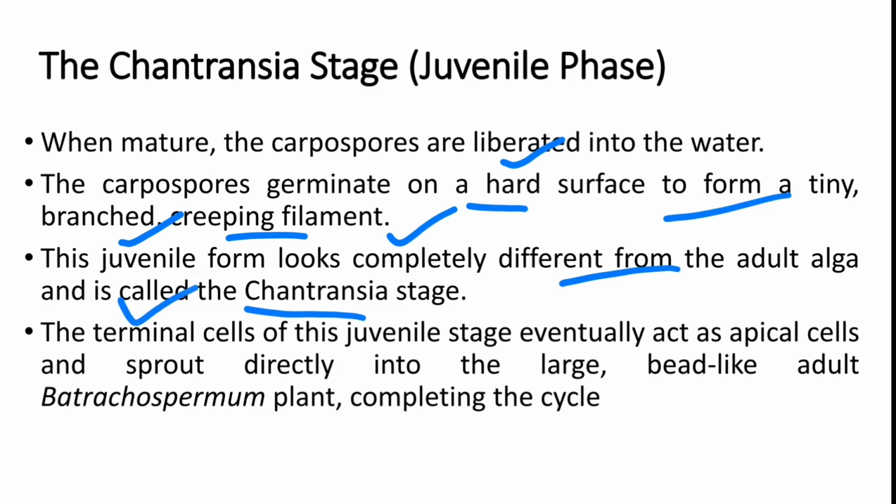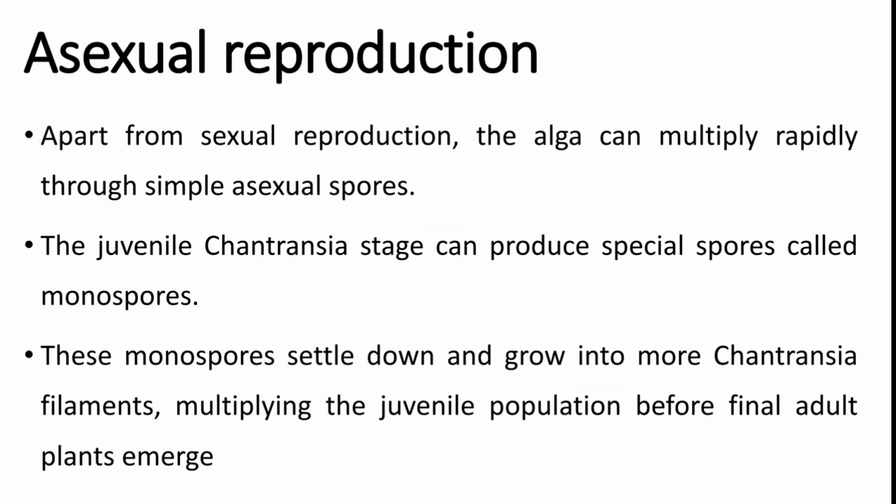The terminal cells of the juvenile stage eventually act as apical cells and sprout directly into the large bead-like adult Batrachospermum plant, completing the whole life cycle. So with this, the sexual life cycle of Batrachospermum is completed.